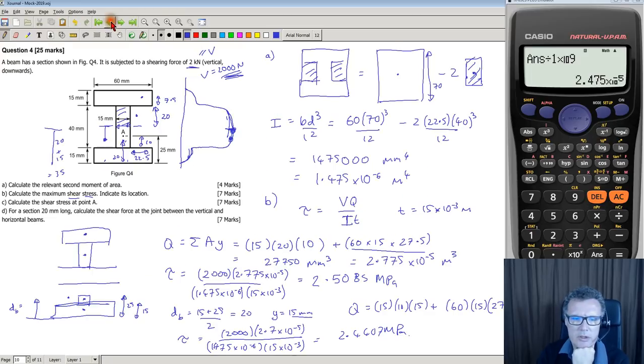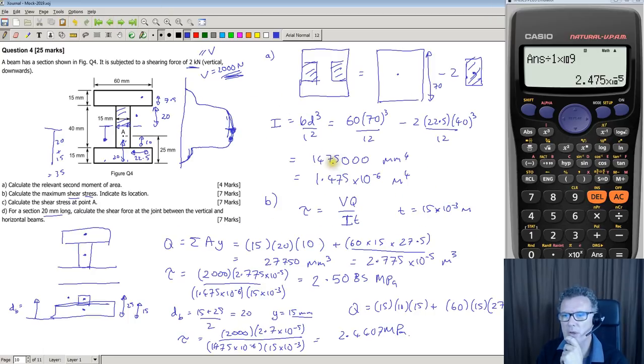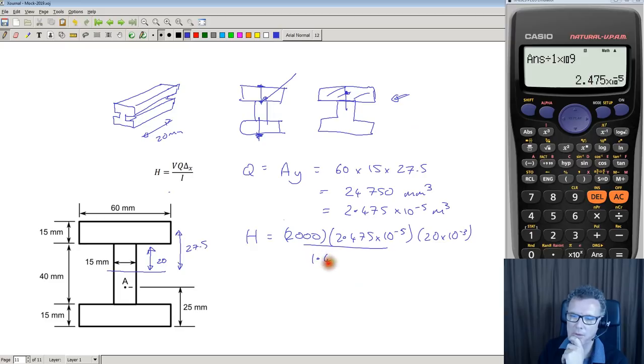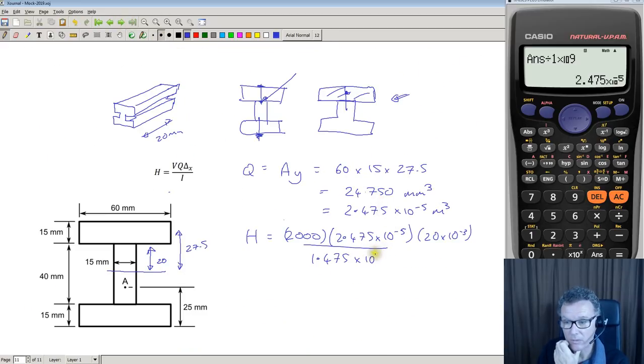Separation was 20 millimeters, so 20 times 10 to the minus 3. And the I was what? Use that value there, so 1.475 times 10 to the minus 6. So that's the force that we need to cut through the bolt.